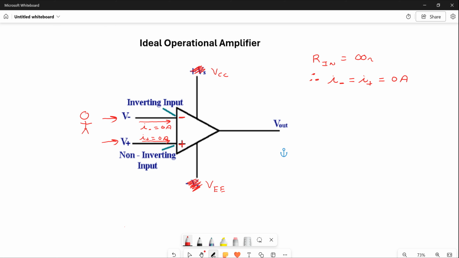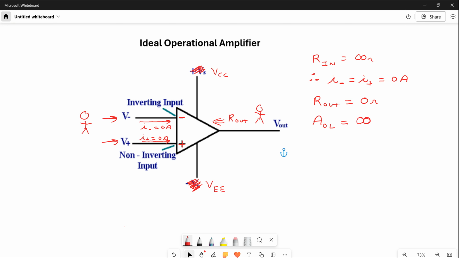And the open loop voltage gain, without any resistors being fed from the output back to the input, is infinity. So there are the characteristics of the ideal operational amplifier, and that's what we're going to be using as we analyze the rest of these circuits.